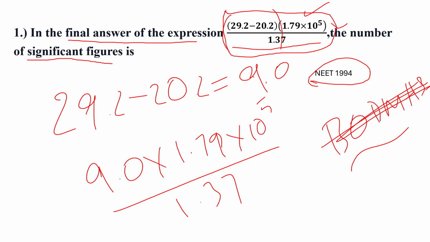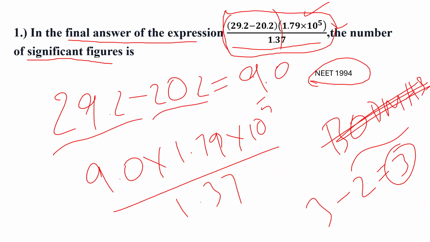If you subtract a 3 significant figure number minus a 2 significant figure number, the answer will be 3, because the one having the highest significant value decides the answer. In this case 29.2 minus 20.2 gives 9.0. The maximum significant figure is 3 here.